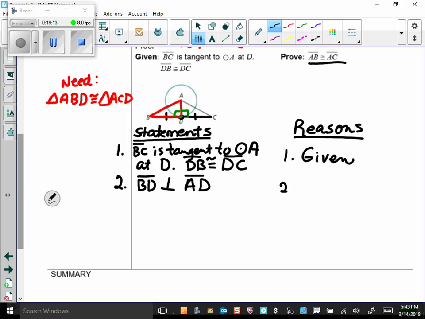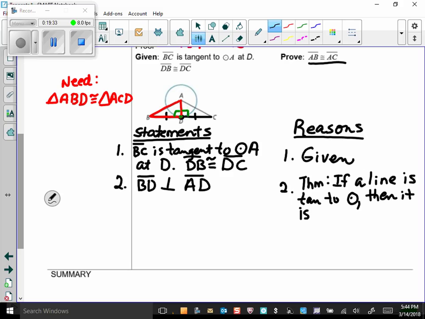And how do I know that? I know that because of the theorem I learned today that says if a line is tangent to a circle, then it's perpendicular to the radius at the point of tangency.